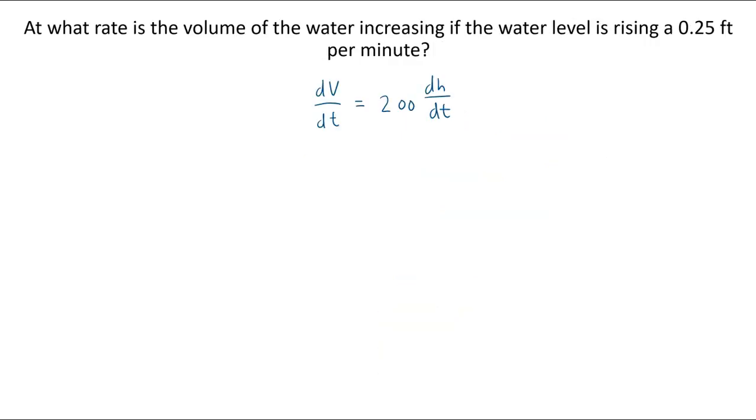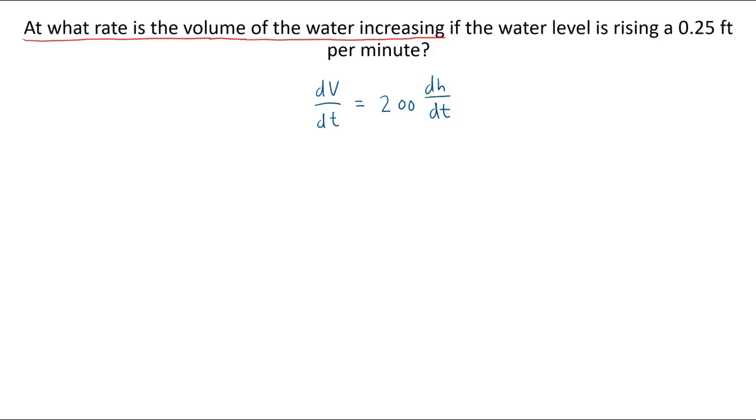Now let's use that information to help us solve some problems. This question asks, at what rate is the volume of the water increasing? All right, let's stop right there. Anytime I'm working these types of problems and I see the word rate, I immediately start thinking derivative. So this says, at what rate is the volume of the water increasing?